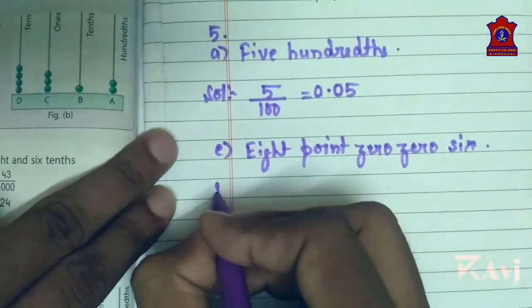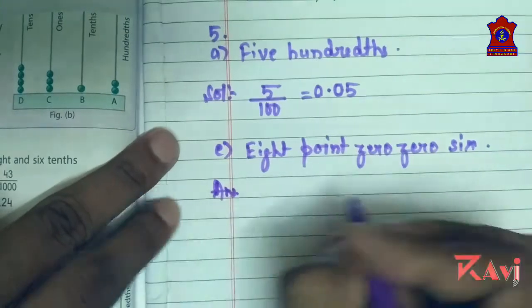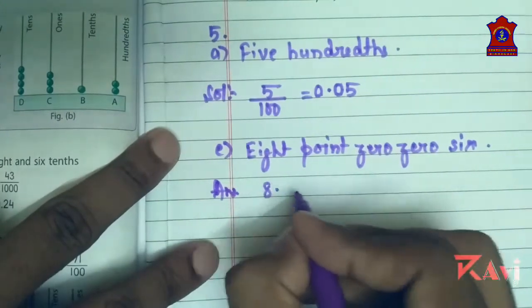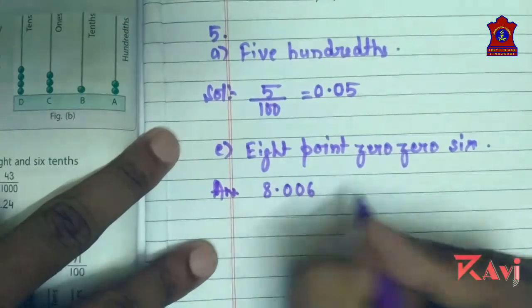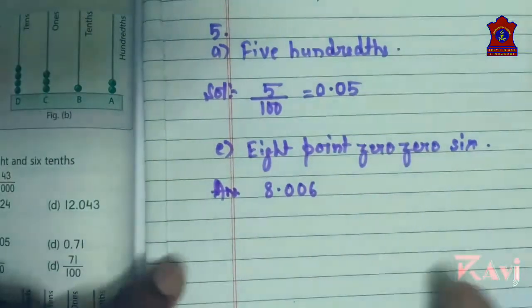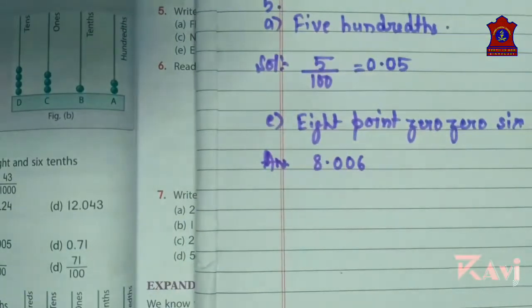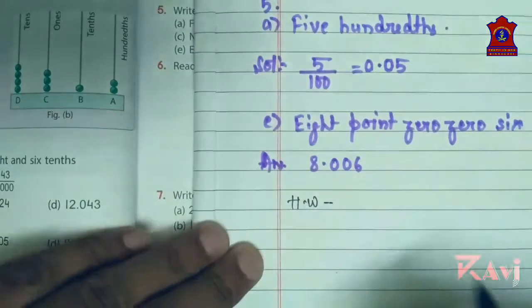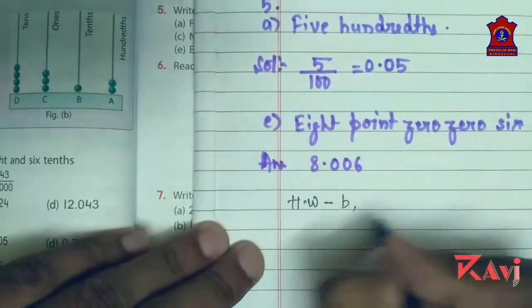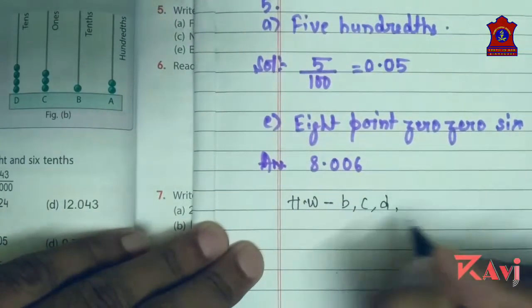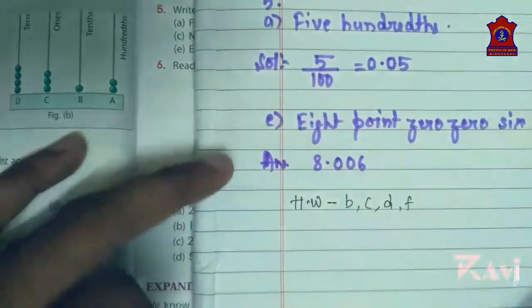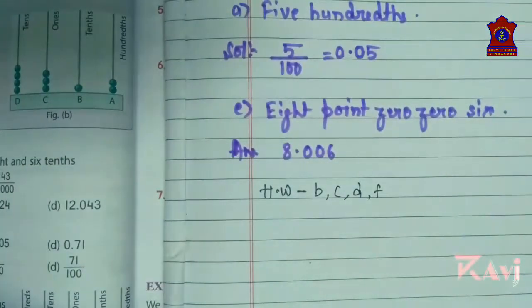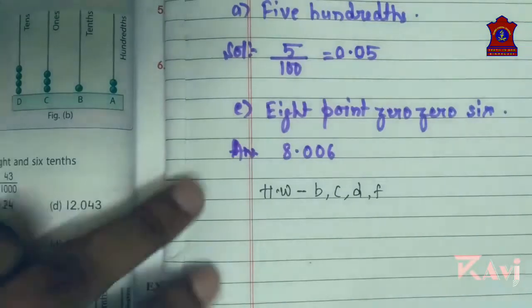See, answer 8.006. It's very simple, isn't it? Okay, so you can easily complete this question also. So rest of all try doing by yourself. B, C, D, E is already done. F you will be doing. Clear?